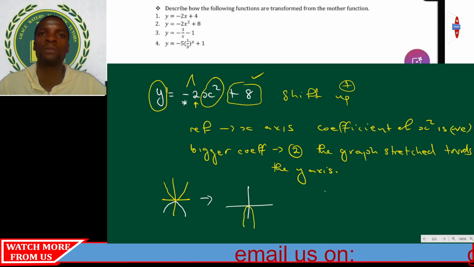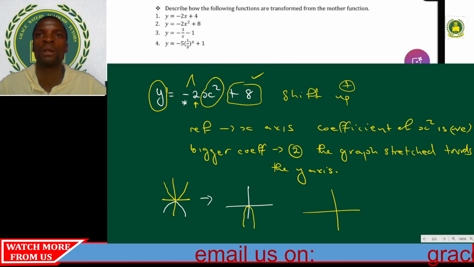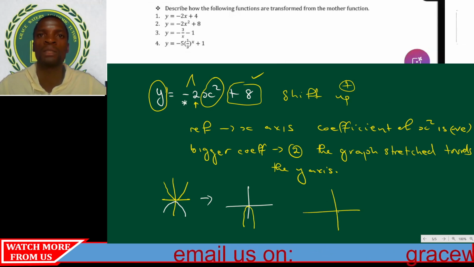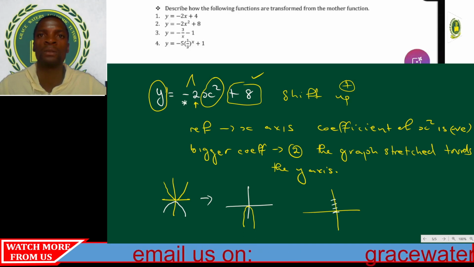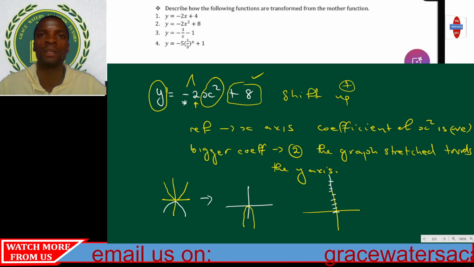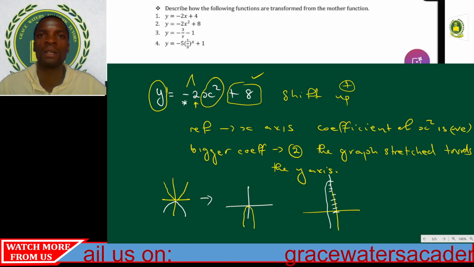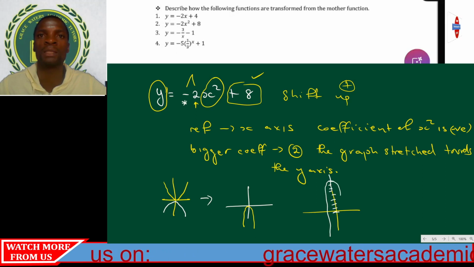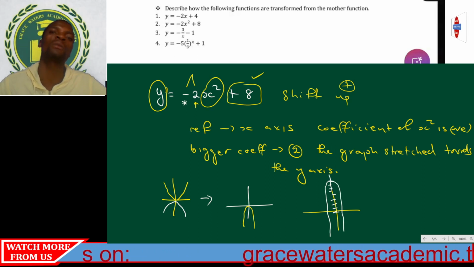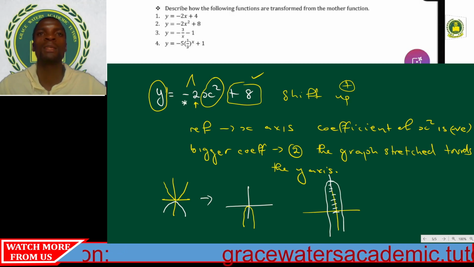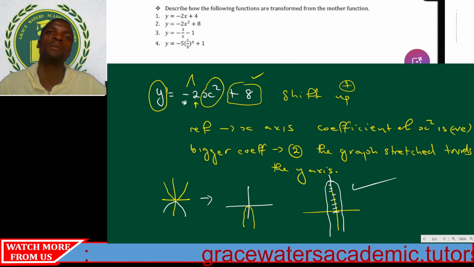After that, we shift it 8 units upwards, meaning it was on 0 here, and it moves from 0 to 1, 2, 3, 4, 5, 6, 7, 8. So I'll have a thin graph cutting the y-axis at the point 8. That's what you do. When they need you to draw this graph, this becomes your final answer.